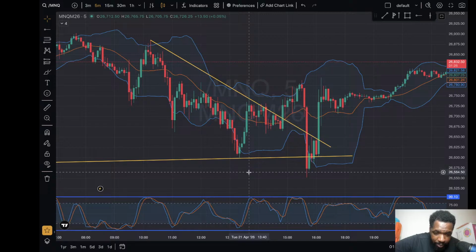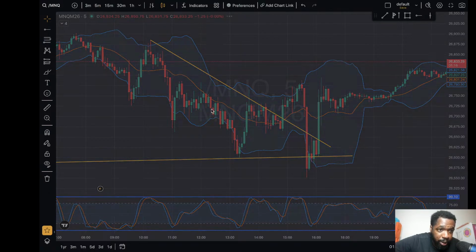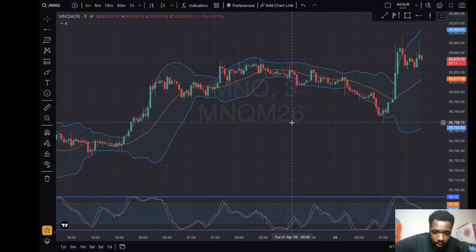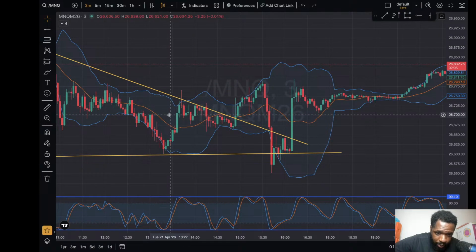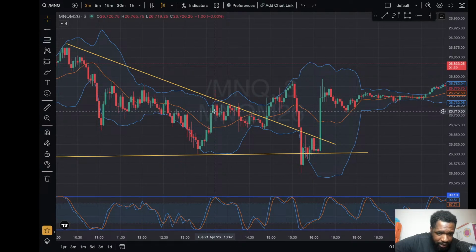When we came back up here, what made me make my entry was not only that we were at this resistance, but if I go to the 3-minute, where I do most of my entries, I like to see either the stochastic RSI on the 3-minute complete the oscillation to the 99.1, or a new swing high, whichever comes first.